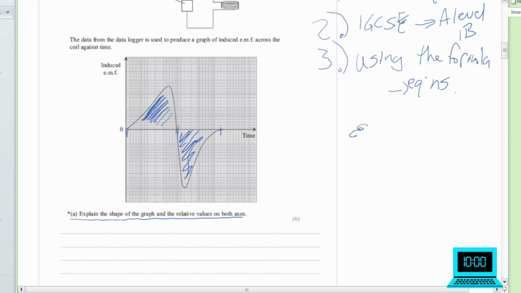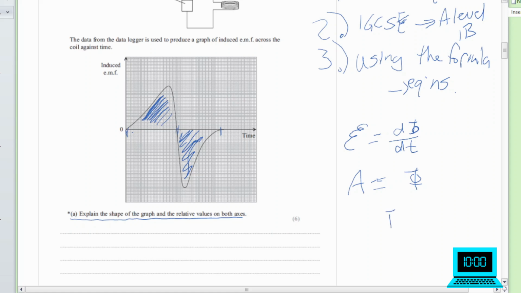You know that your EMF is equal to the rate of change of flux. Okay? So this is dependent on time. And so if EMF is rate of change of flux and you are multiplying by time, the area under the curve here is the flux. And the flux should be the same all throughout.